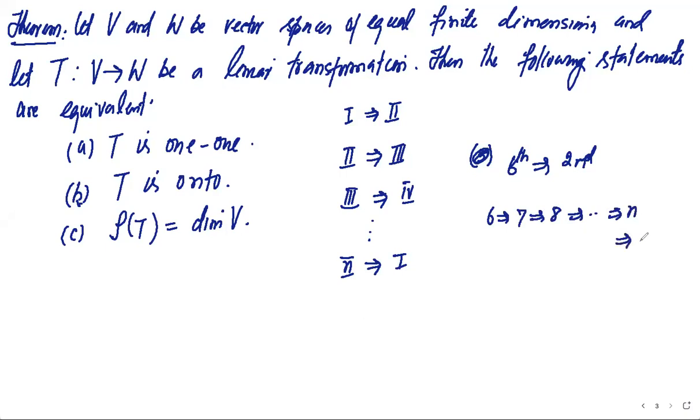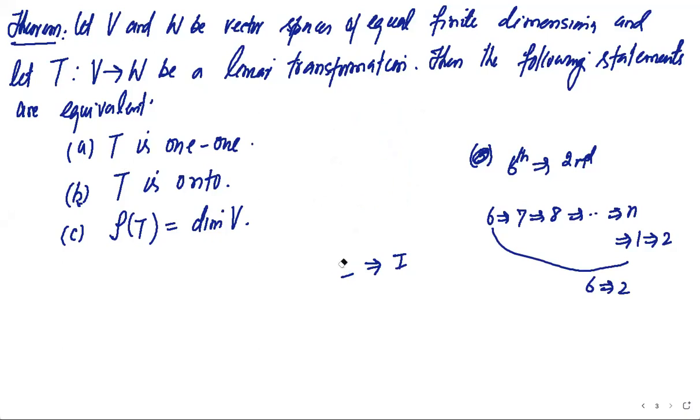Now this nth statement will imply the first statement, and first will then imply the second. That means sixth will imply the second. In this way, any single statement will imply all of the others. So to prove this, we now have to prove first implies second, second implies third, and third implies first.